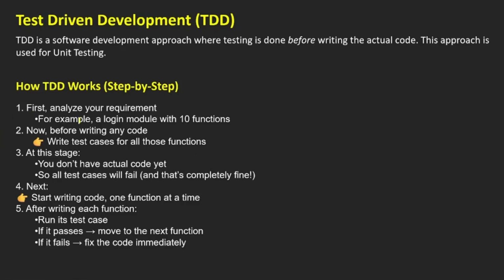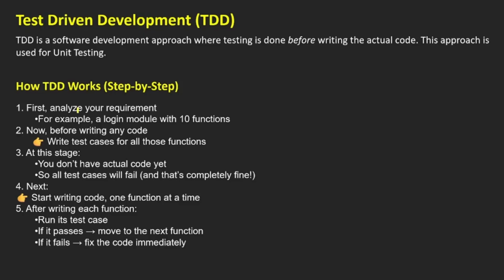Let us take our example of the login functionality itself. First, we will analyze the requirement. We found out that we need to implement the login functionality, which needs 10 functions to be written. Now, before writing any code in the TDD way of development, we will write the unit test cases for all those functions first, right?